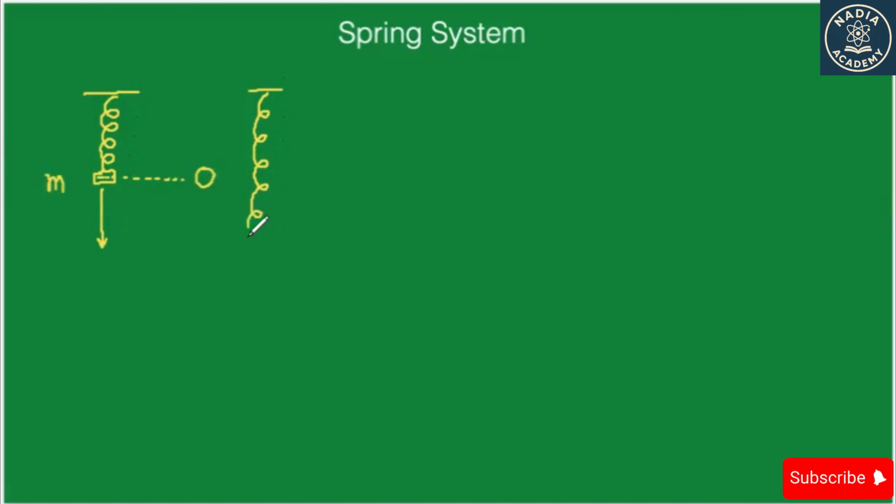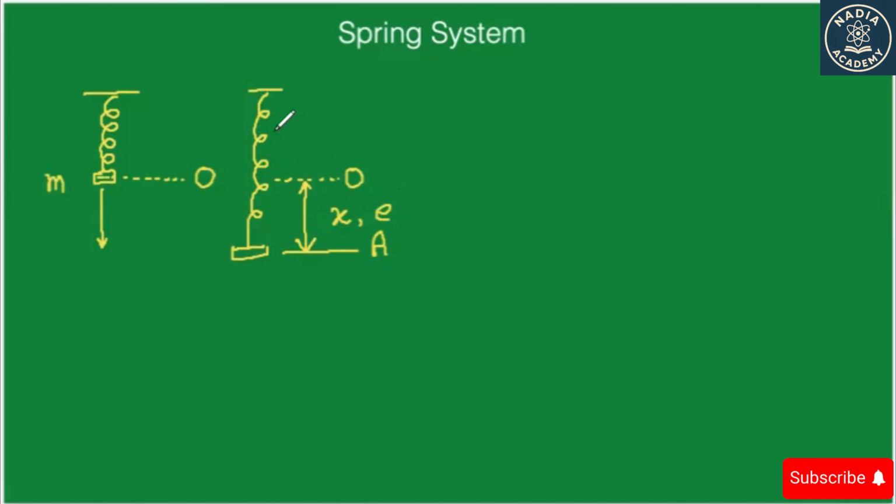So now we are somewhere over here, for an example, that we have extended from our mean position O to some position, let's say A. So what we did in this way, we covered some displacement, and displacement is x. Sometimes we also call it extension.